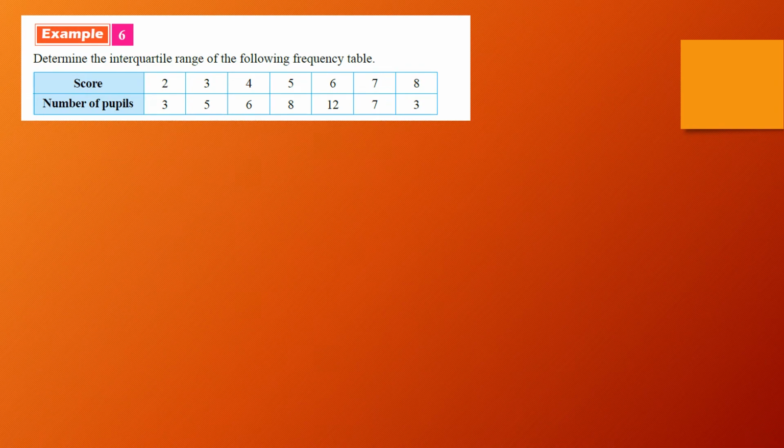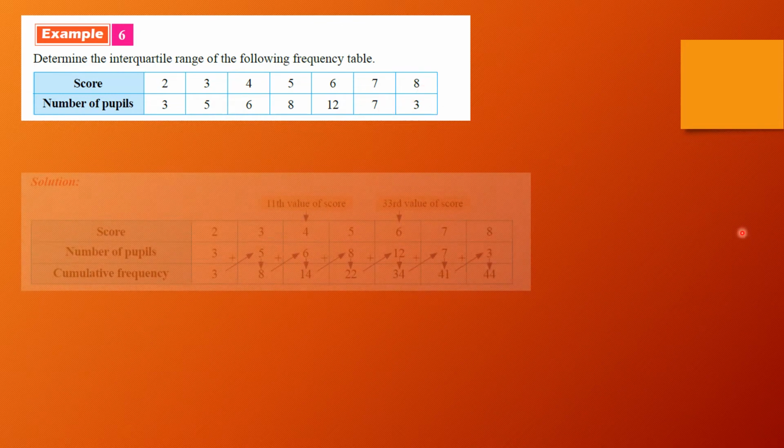Next, we look at example 6. Determine the interquartile range of the following frequency table. Score 2 got 3 pupils, score 3 got 5 pupils, score 4 got 6 pupils, score 5 got 8 pupils, score 6 got 12 pupils, score 7 got 7 pupils, score 8 got 3 pupils.